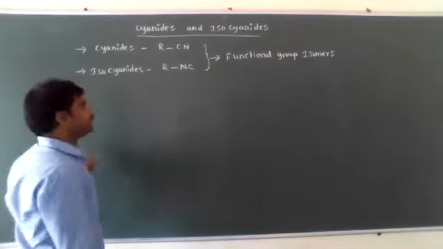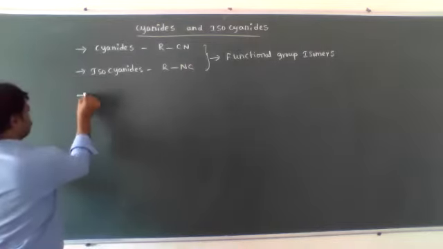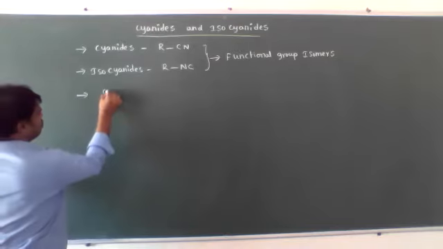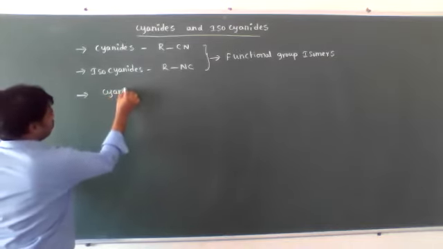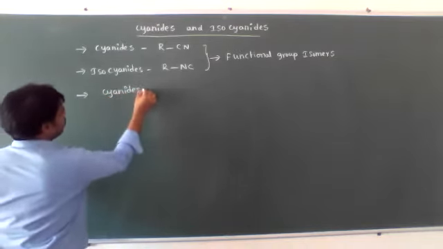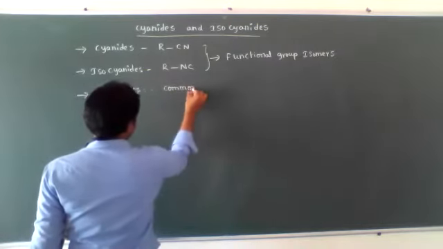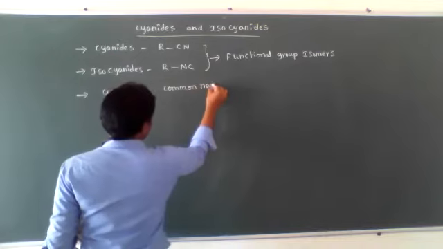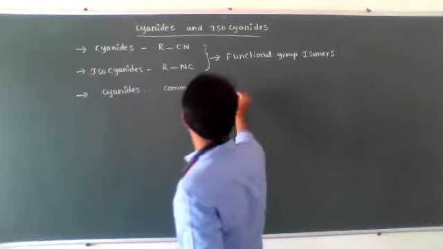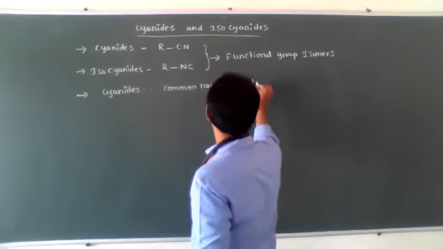Okay, now see the IUPAC nomenclature. Cyanides, common name is alkyl cyanides.